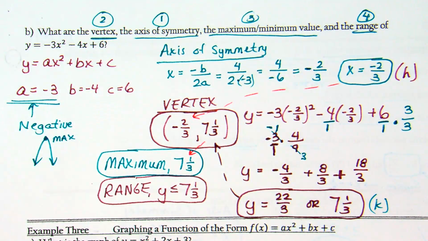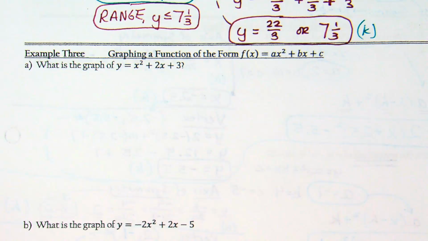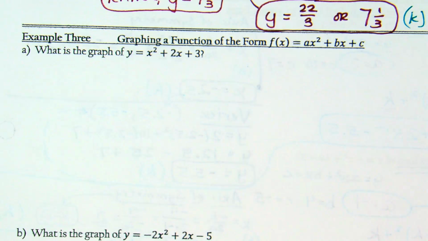Let's move into example 3, and let's practice graphing. The graphing we did back in lesson 4.1 was based on just your regular parabola, the 0, 0, 1, 1, 2, 4, and we were moving it left, right, up, down.